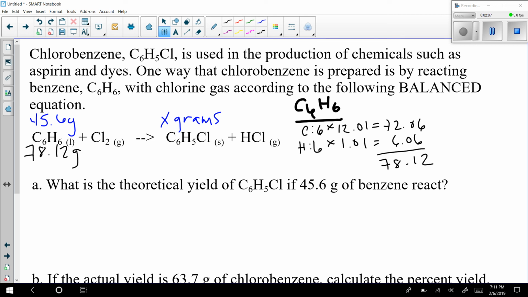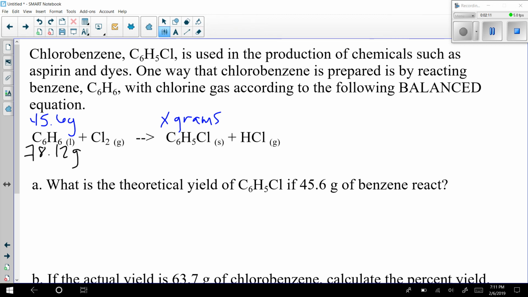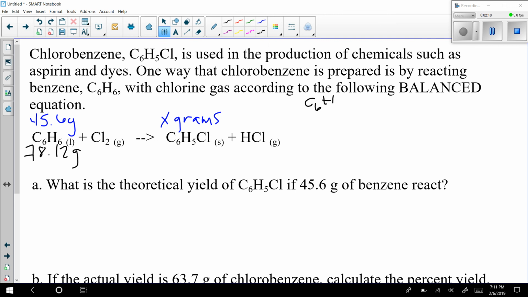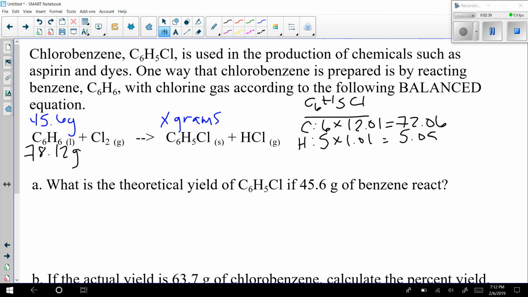So now we have to solve for the mass of chlorobenzene. So we have our chlorobenzene, which is our C6H5Cl. So for our carbon, we have 6 of them times the mass of carbon again, which is 12.01, and that gives us 72.06. Hydrogen, we only have 5 this time, times the mass of hydrogen at 1.01, and that equals 5.05.